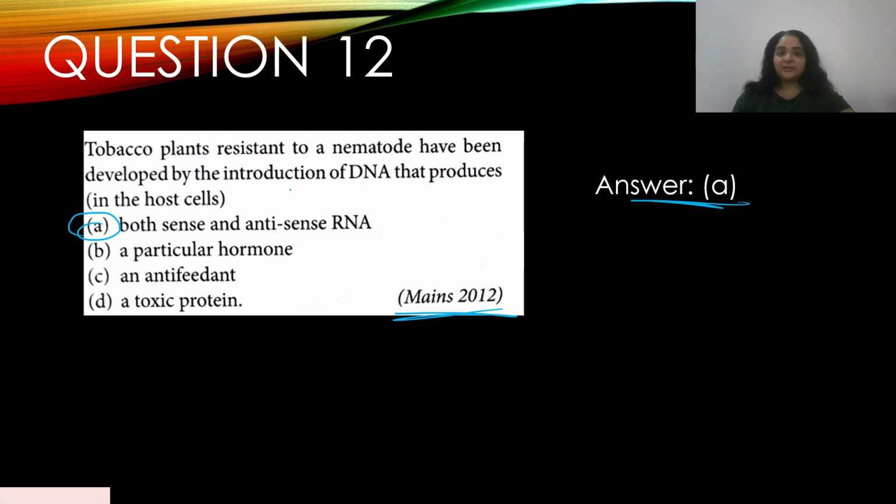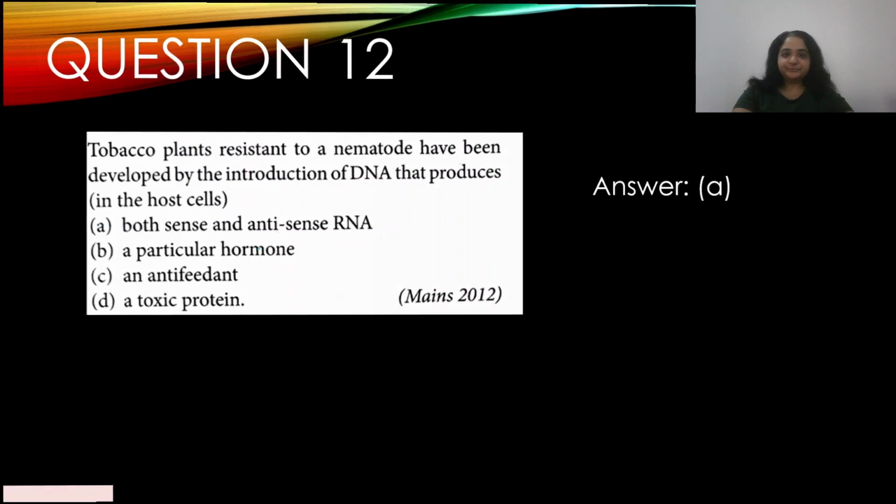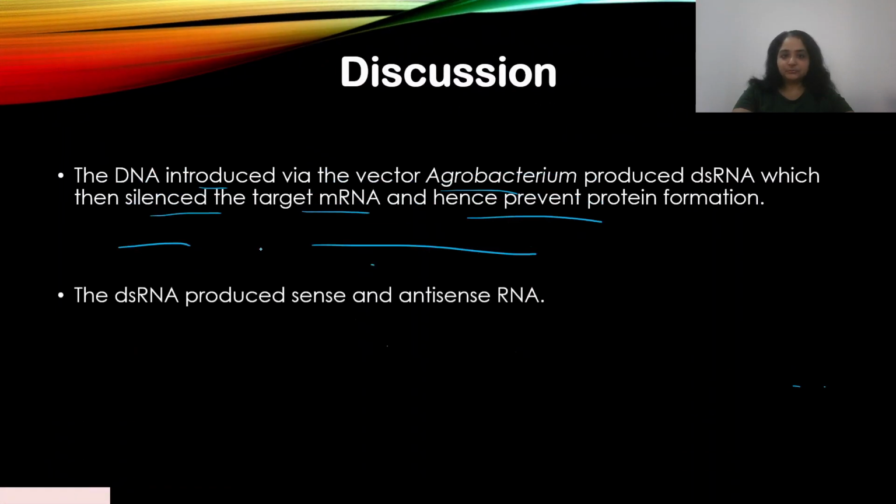So they have genetically engineered the tobacco plant in such a way that the DNA is modified to produce sense and antisense RNA, and these eventually affect the nematode, which is the result we want. So both sense and antisense RNA are formed here. Clear? Good question.